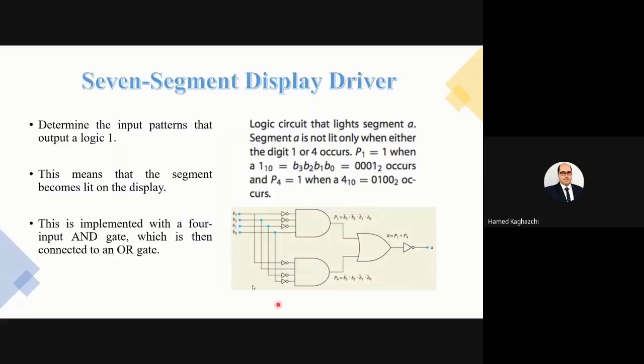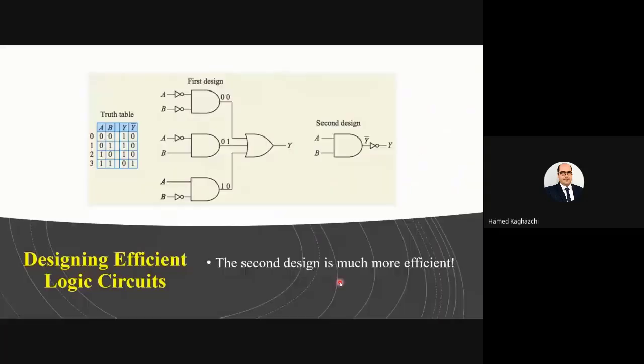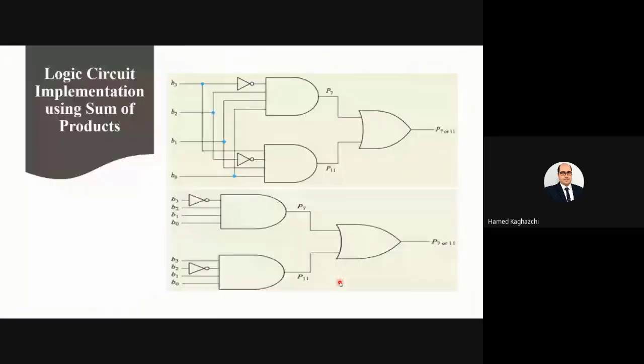Using this circuit, I say that I want to have 1 at the output of my circuit, and I want to recognize P1 and P4. But we learned here that for recognizing 2 patterns, if one of them is 1, I will have 1.